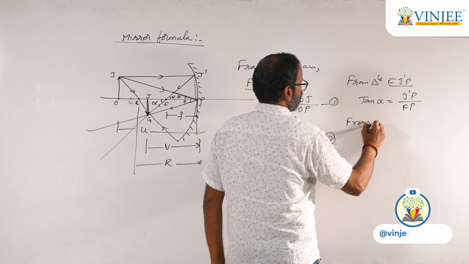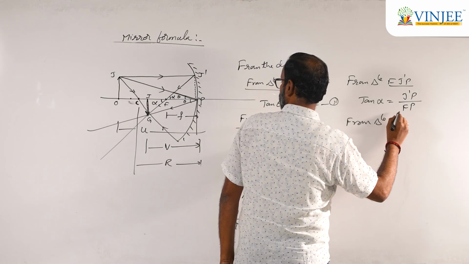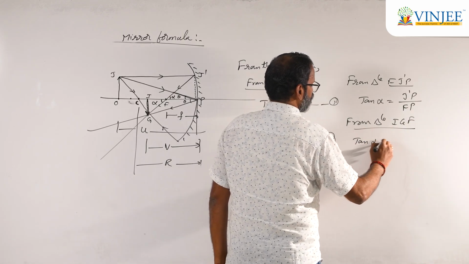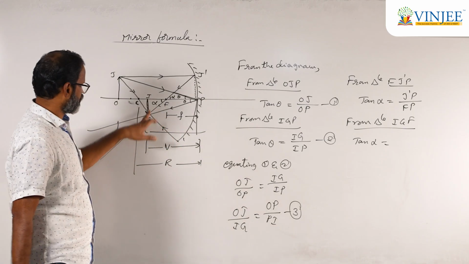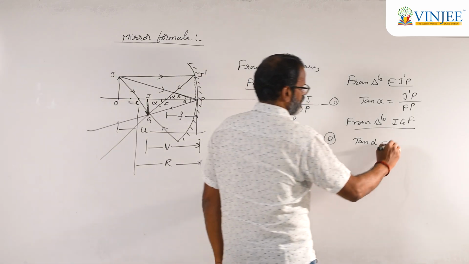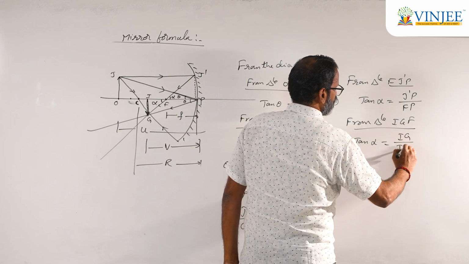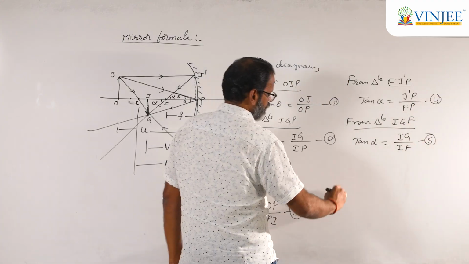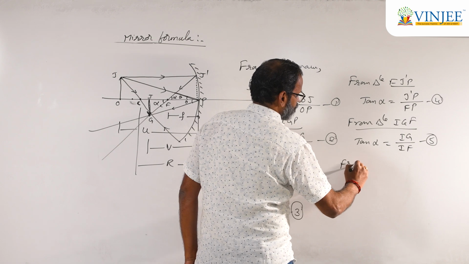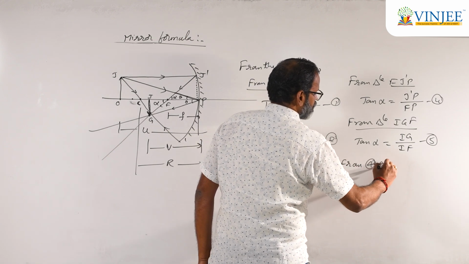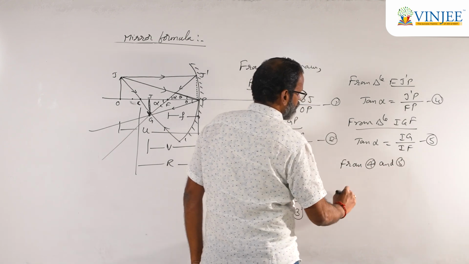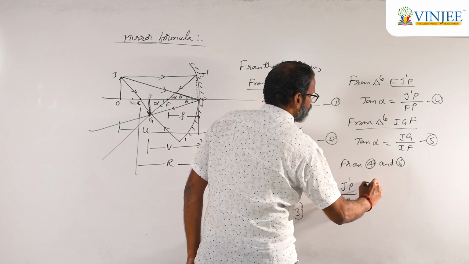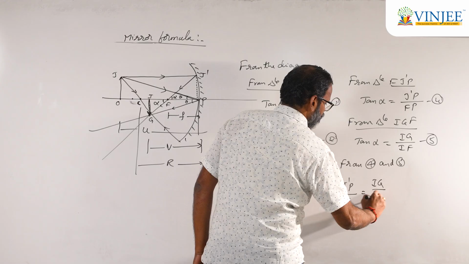From triangle IGF, tan alpha is equal to opposite side IG by IF. This is taken as 4 and this is taken as 5. From equations 4 and 5, J dash P by FP is equal to IG by IF.